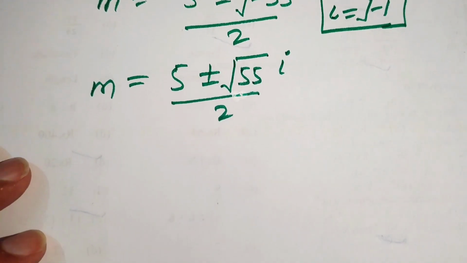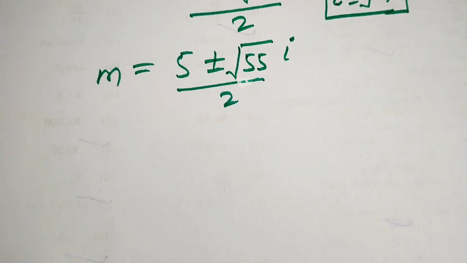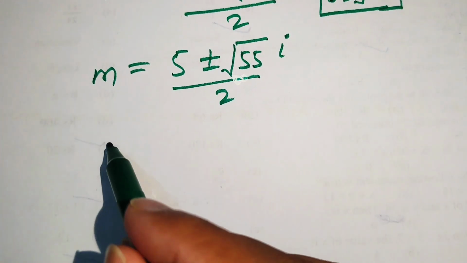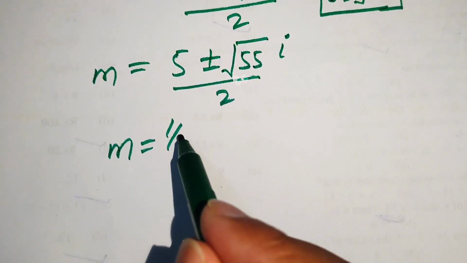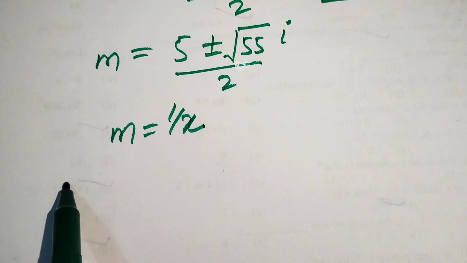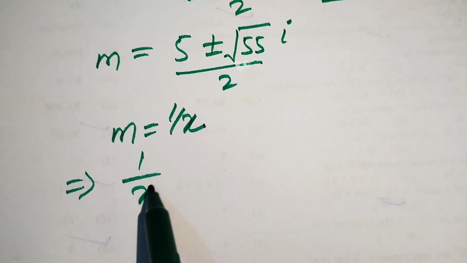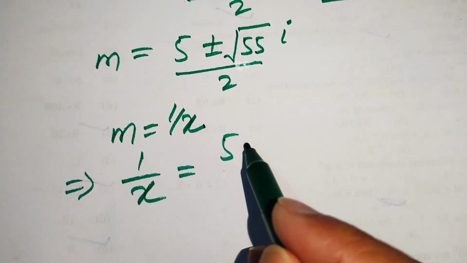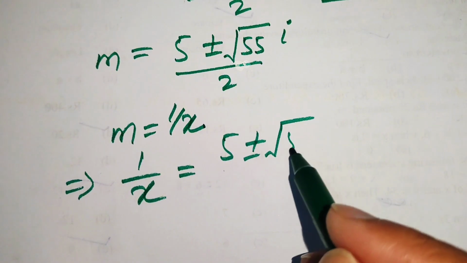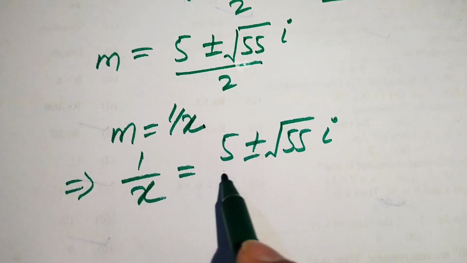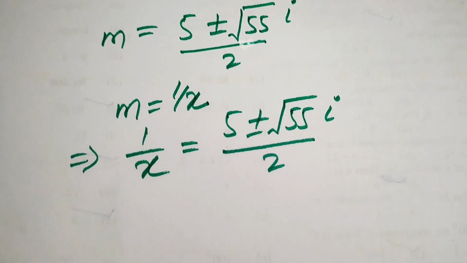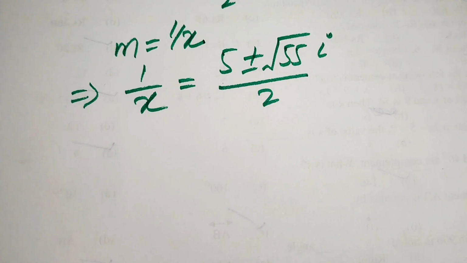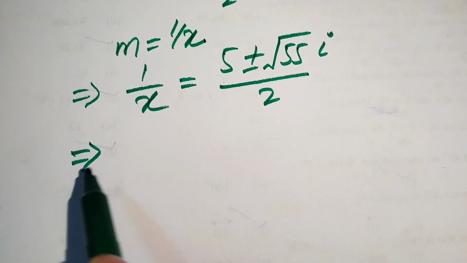And now it is time to back substitute the value of m. At the start of the problem we took m equals 1 over x. So we substitute it here, and it is written as 1 over x equals 5 plus minus square root of 55 iota, divided by 2. In order to find the value of x, we need to take the reciprocal on both sides.